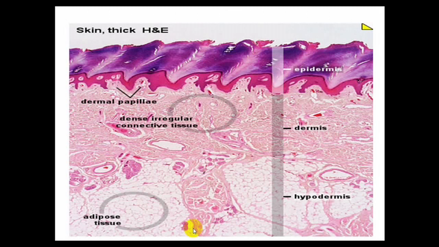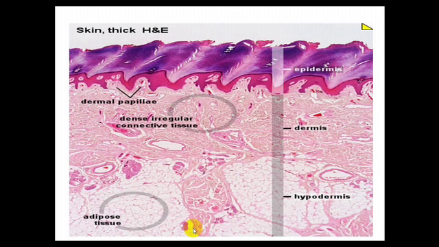The sweat glands, sebaceous glands, and hair follicles are all derived from the epidermis but invade the dermis and hypodermis. Also, we can see groups of smooth muscle located in the deeper region of the reticular layer at particular sites, like the skin of the penis, scrotum, and areola around the nipple.